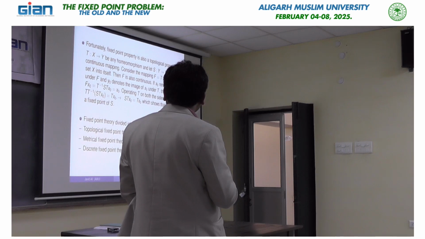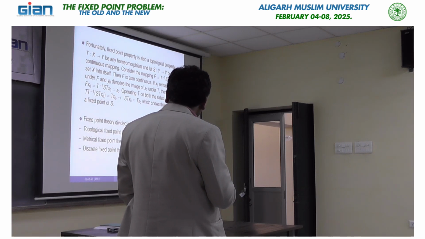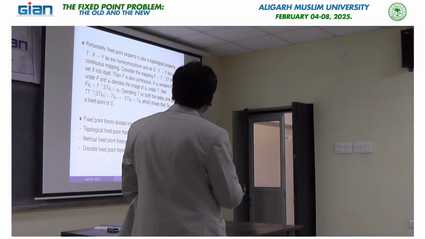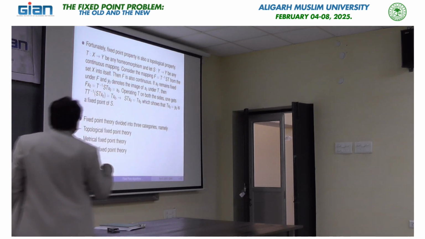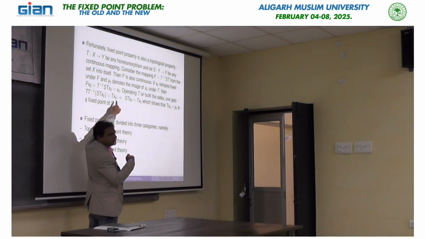Once we operate T on both sides, T inverse S T of x naught becomes T of x naught, since T T inverse is the identity, and this is just y naught, because y naught is the image of x naught under T. So this finally becomes S of y naught equals y naught.